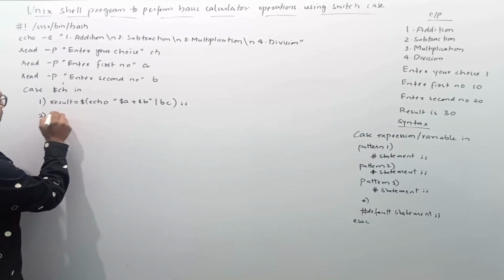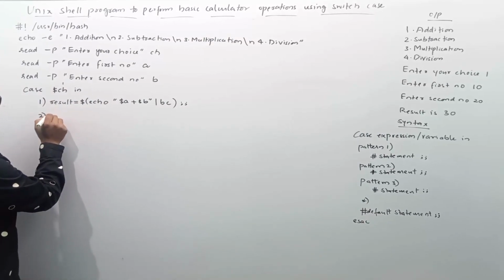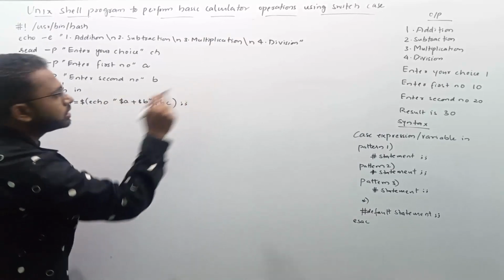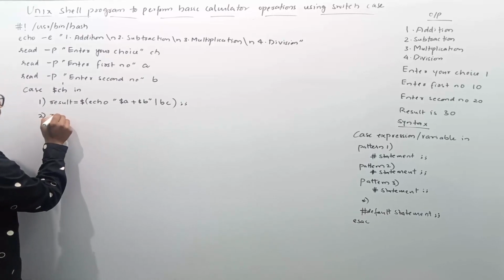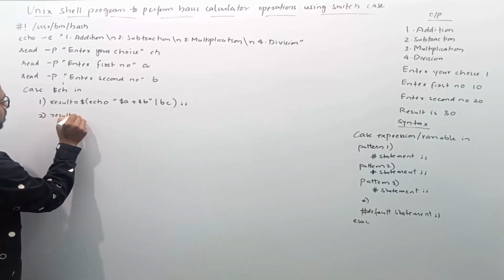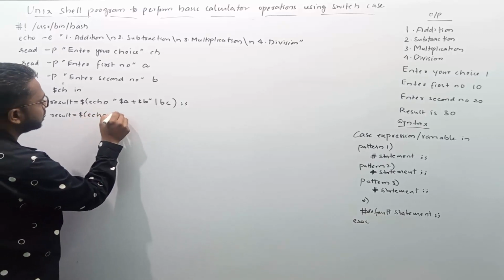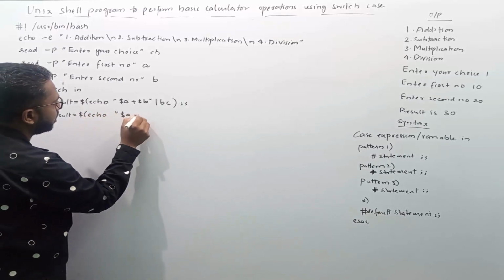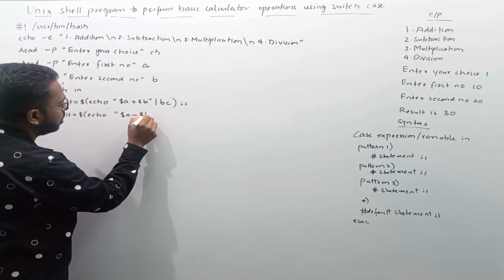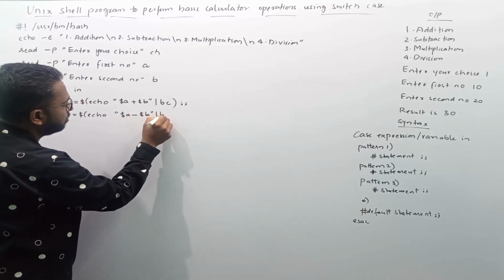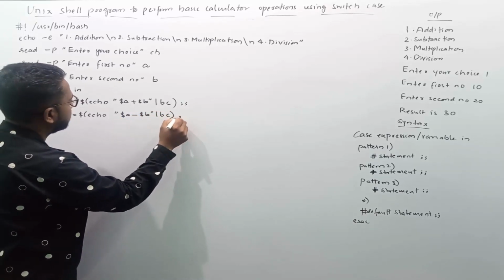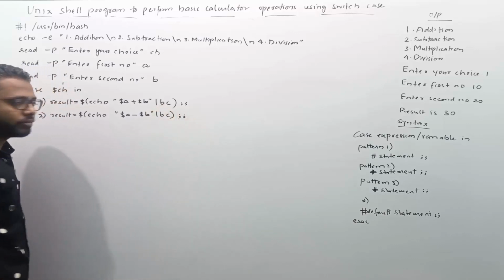Next I will write the code for subtraction. Result is equals to dollar echo space double quote $a minus $b double quote pipe bc semicolon break.